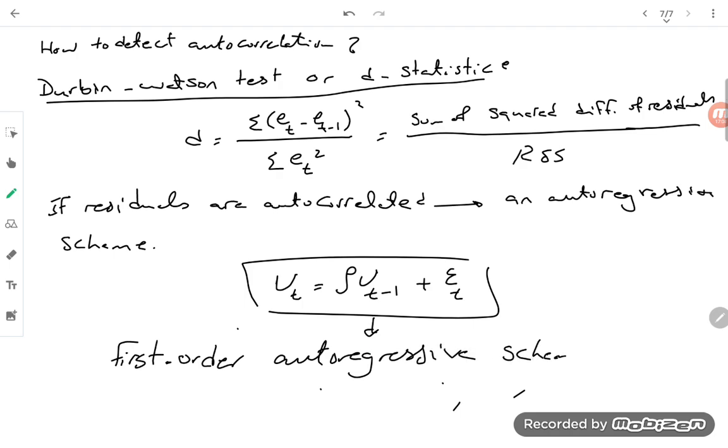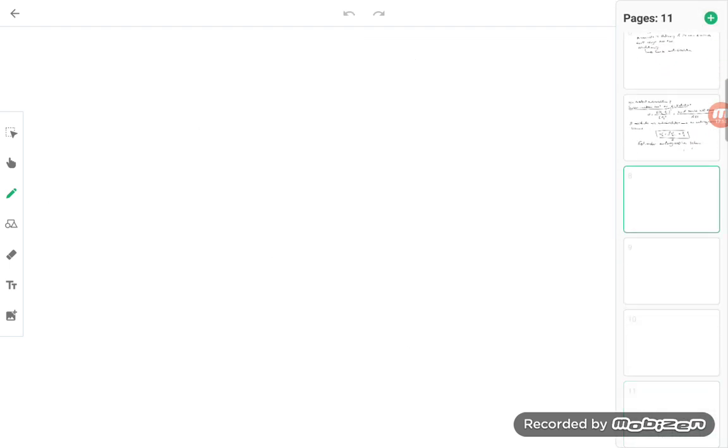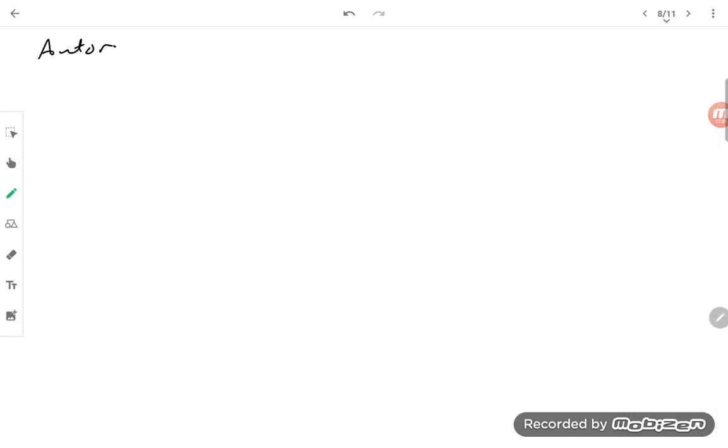What's meant by first order autoregressive scheme? Or what's meant by autoregressive scheme in general? An autoregressive scheme is an effect when a variable is regressed on its lagged value.